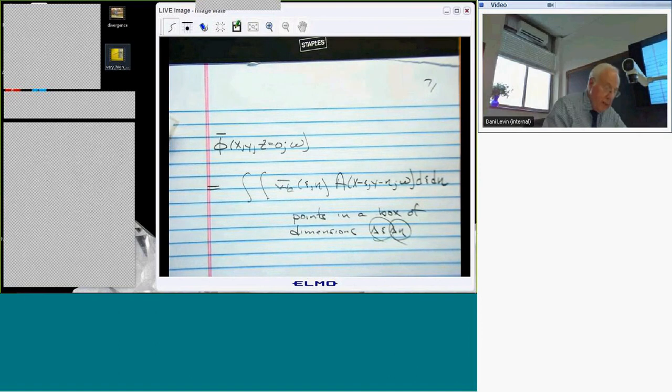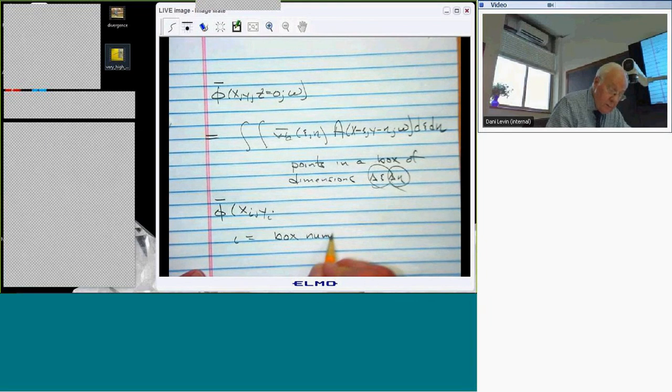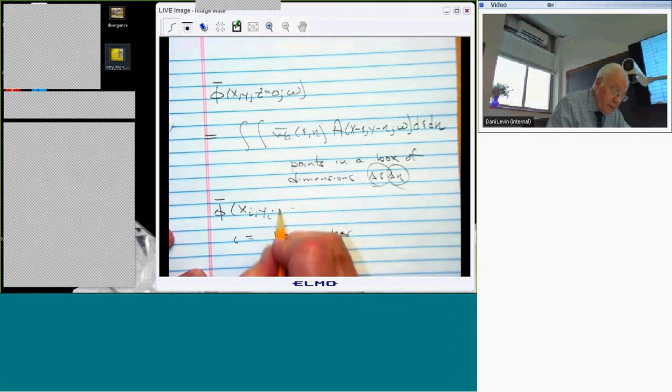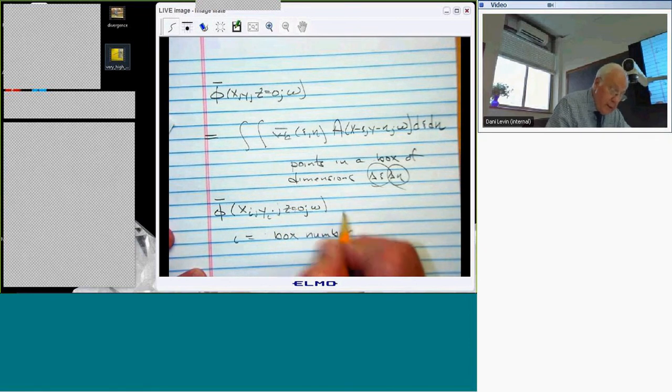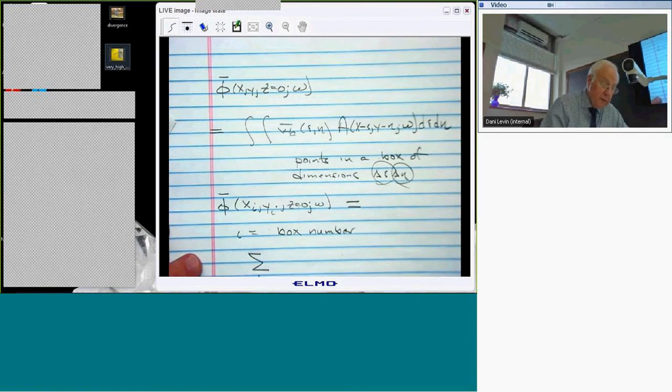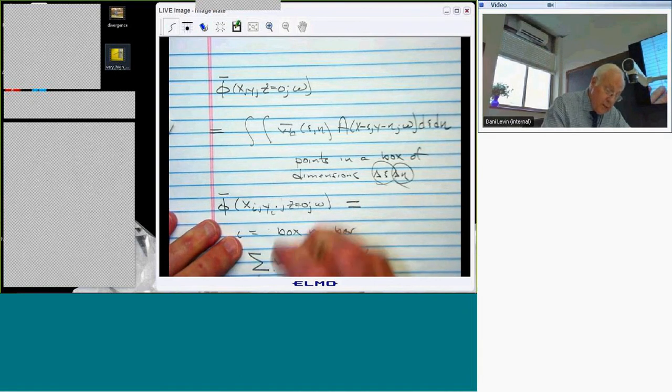And therefore, I can say, to some approximation, phi bar in the center of some box I, where I is a box number, Z is set to 0, and of course I have omega, is equal to a sum over all the boxes of w bar a at c_i, eta_i, that's the center of some other box, times a of... I need to distinguish between eta and c and eta and x and y.